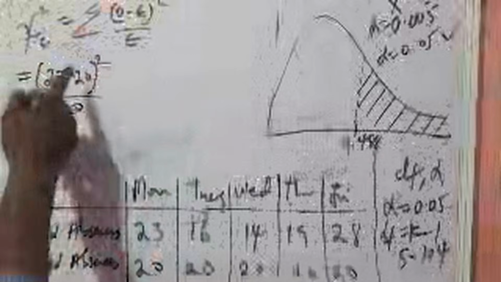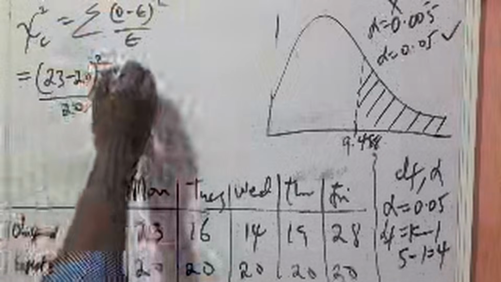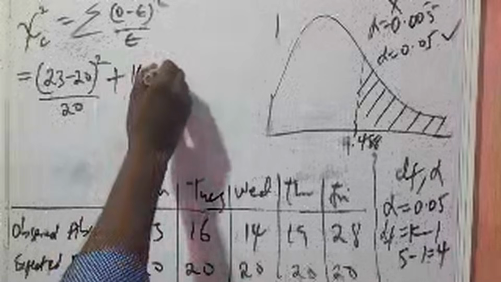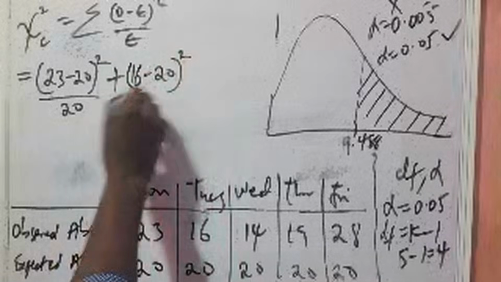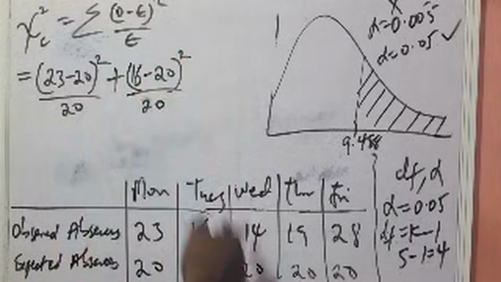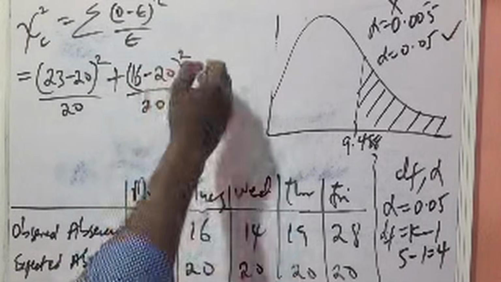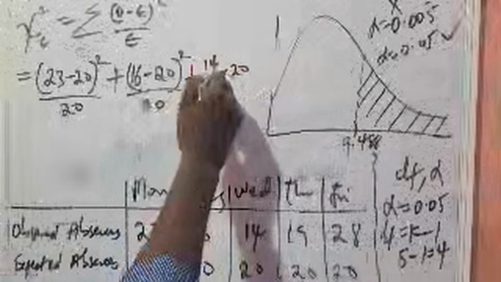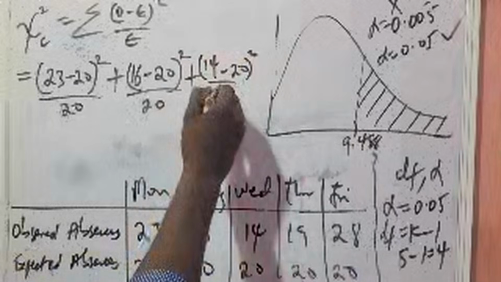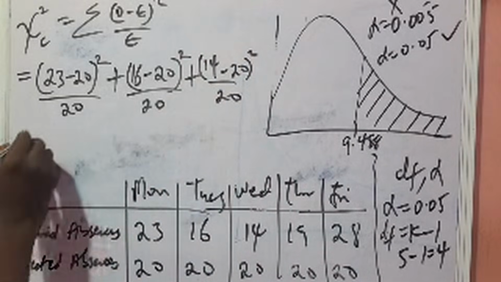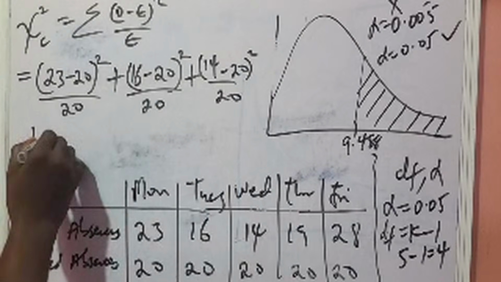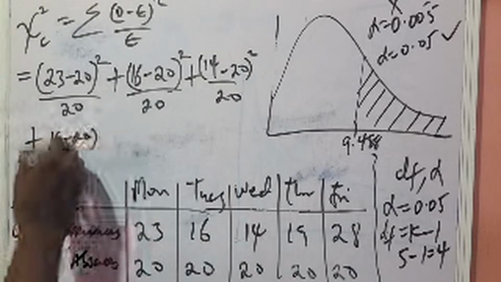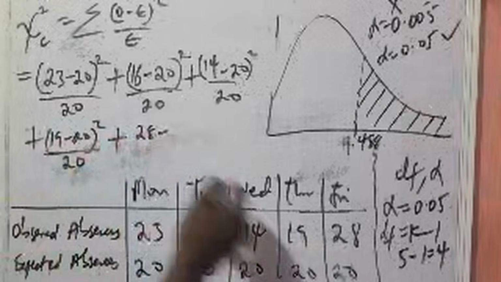You want to add that up for Tuesday. The observed is 16. That will be 16 minus the expected, 20, squared, over 20. For Wednesday, it is 14 minus 20, squared, over 20. For Thursday, you have 19 minus 20, squared, over 20. Then you want to do the last category, that's Friday.